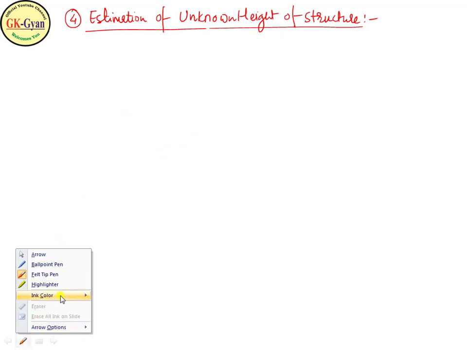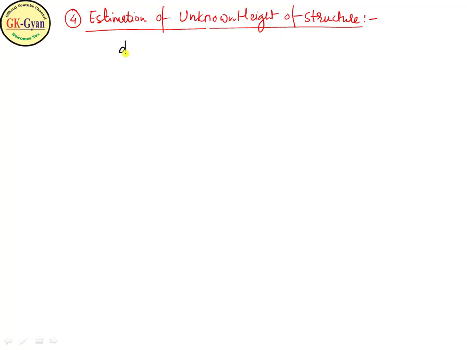unknown height of a structure, any structure. How do you find it out? We know dP by dz is minus gamma, that is the specific weight.